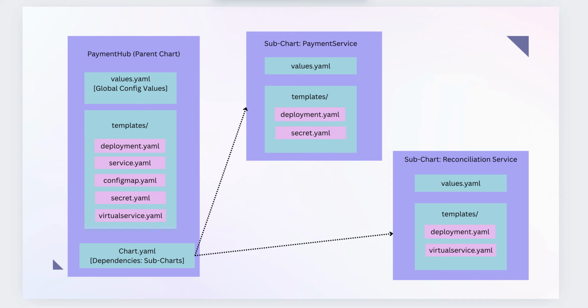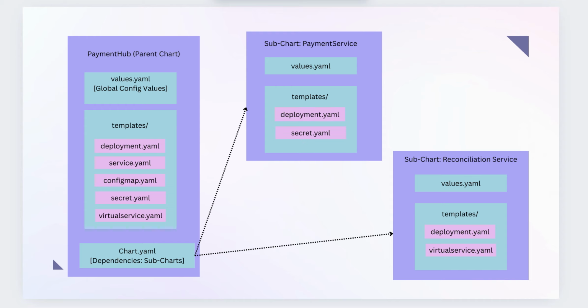Config maps and secrets ensure environment-specific and secure configurations, while Istio virtual services provide fine-grained traffic management, contributing to zero downtime deployments.